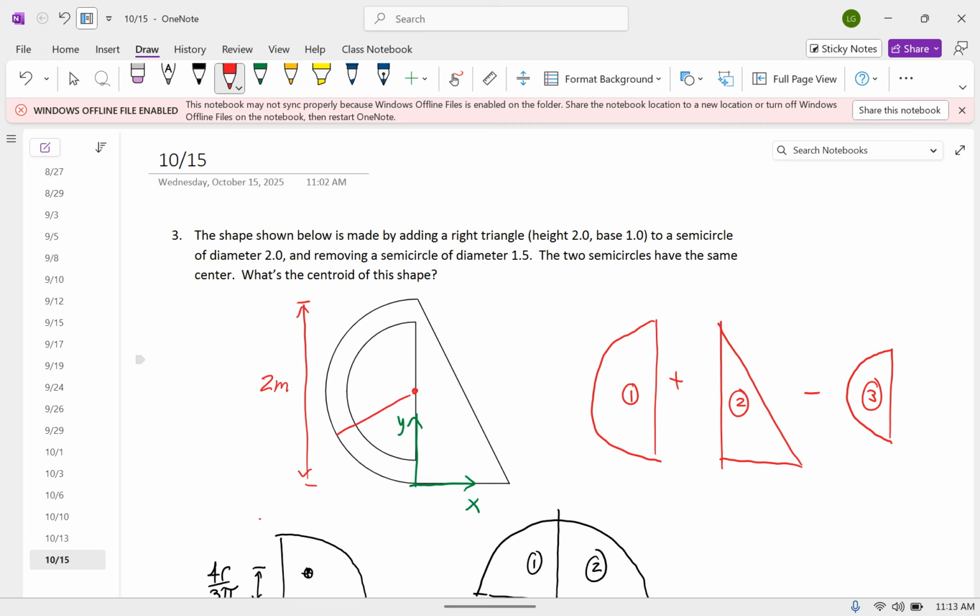That means the radius of this outer one is 1 meter. The radius of this inner one is 0.75. And the base of this triangle is 1.